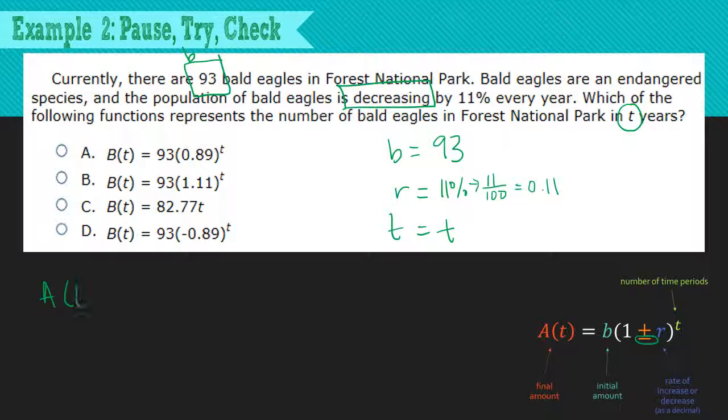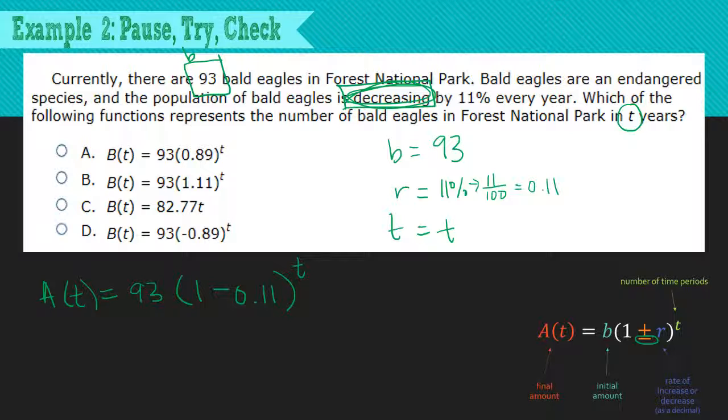So A of t equals my B value, my initial amount. We started with 93 bald eagles. And then this time I'm going to use 1 minus. It's always 1, and we're using minus again because we're decreasing. So 1 minus that rate at which we're decreasing, that 11% or 0.11, and I raise that to the t power.